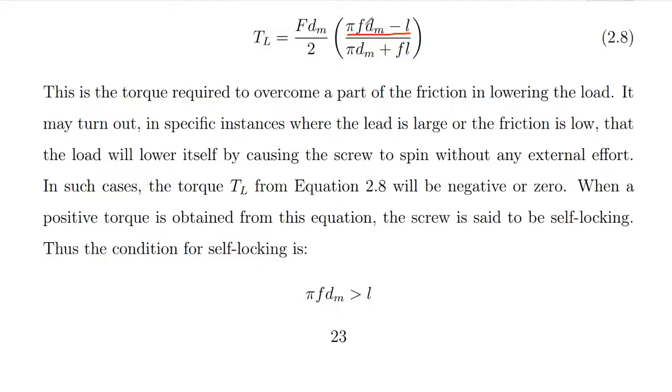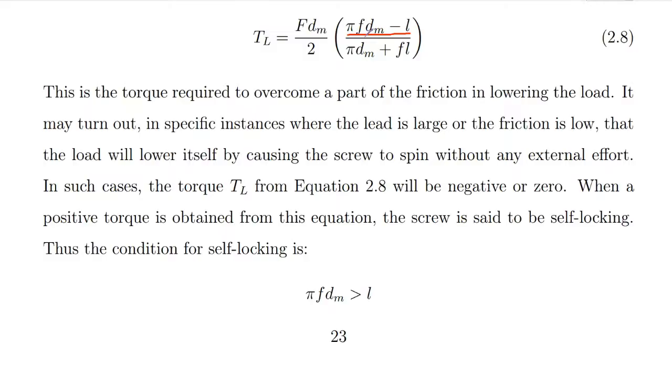Or in cases where the friction coefficient is so small, we may end up having this expression to be negative, which will turn all this to be negative, and in effect to be having a negative torque. So if the torque is negative, what it means is that the load will lower itself. Okay, so in such an instance, you may have the screw turning to lower the load without the application of any external force or effort.